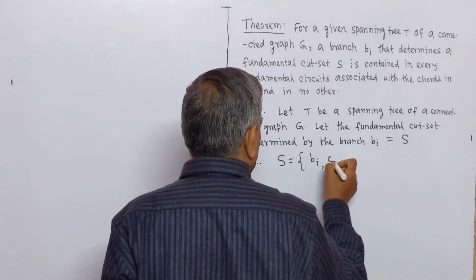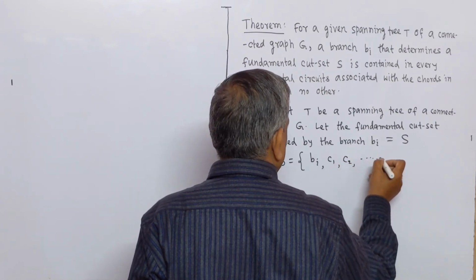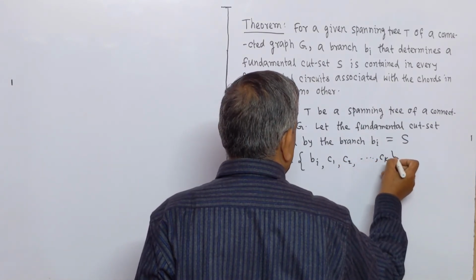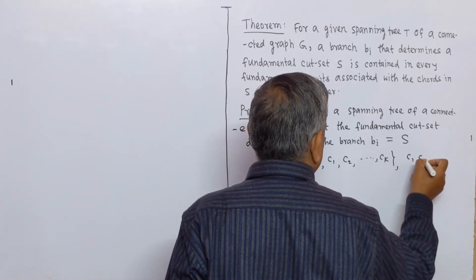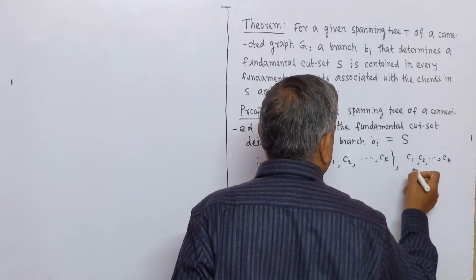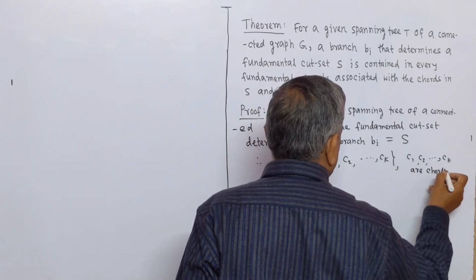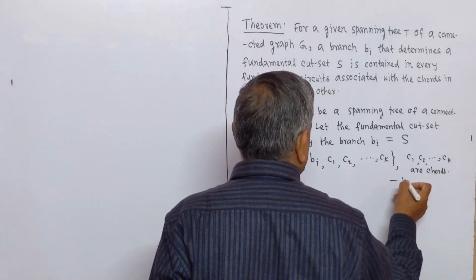Let C1, C2, dot dot dot Ck be chords. This is number 1.